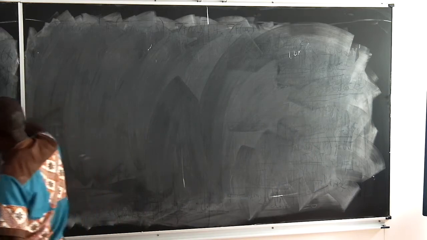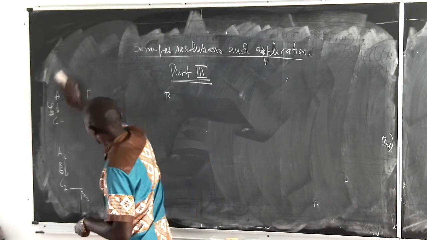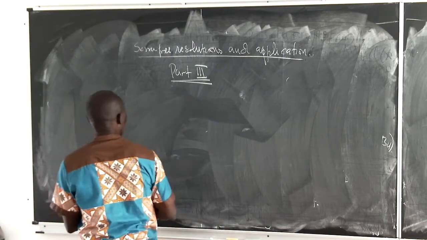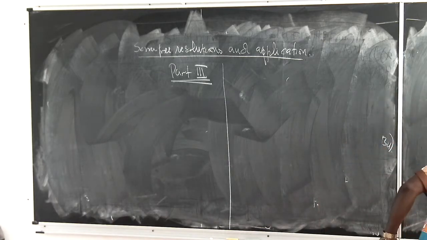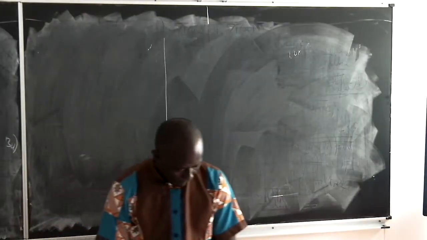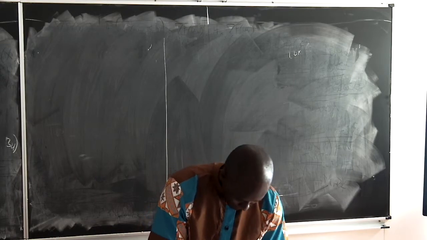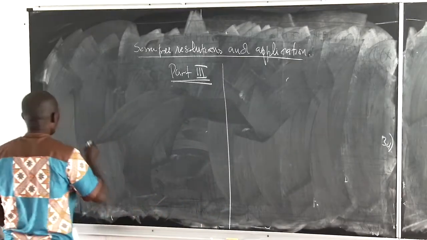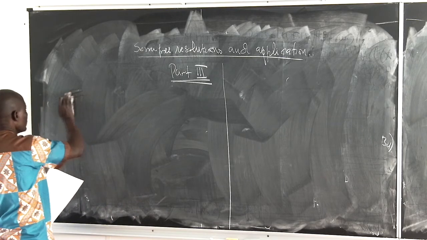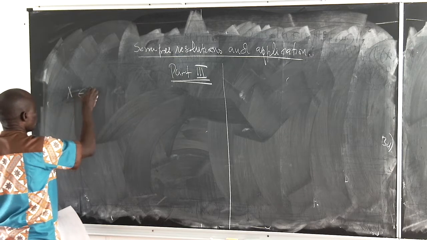That is part 3. Okay. Let X be a topological space.